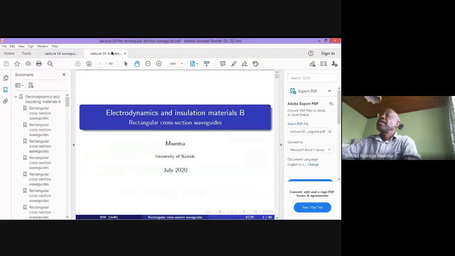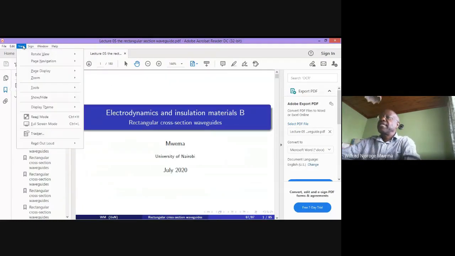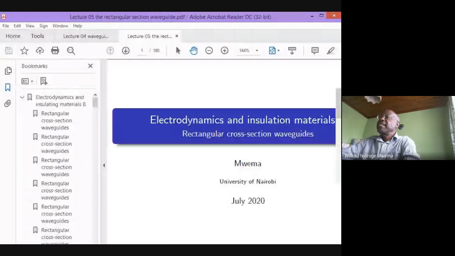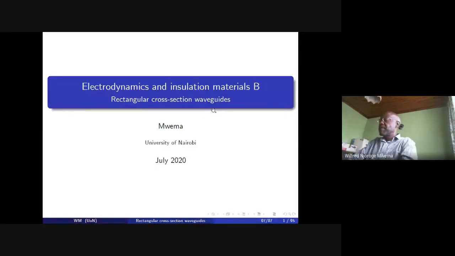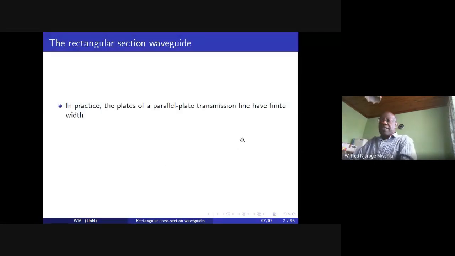So we'll now look at what we call the rectangular waveguide. The reason I started with the parallel plate waveguide is because I want to show a particular case here. For parallel plate guides, we assumed in the first place that they had infinite extent in both the x and the z directions.